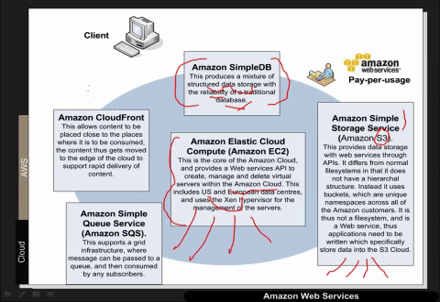We can have Amazon CloudFront, and with that then we can place our content at the edge of the Amazon cloud in order that it is close to the place that is actually consumed, to allow rapid delivery of content.